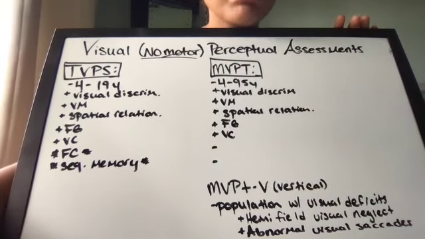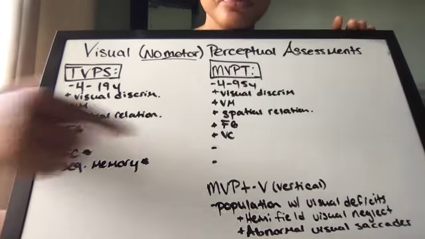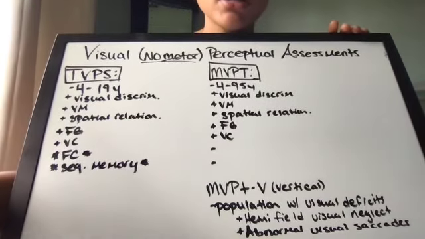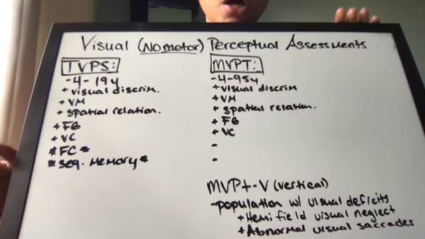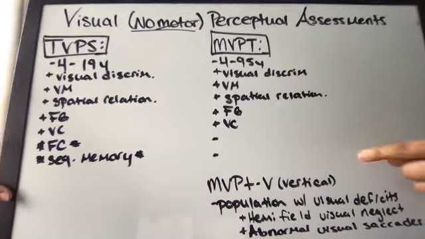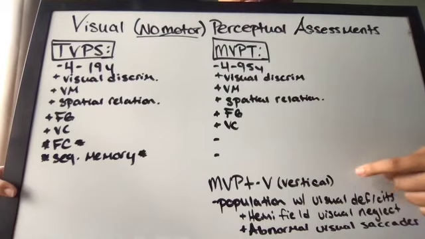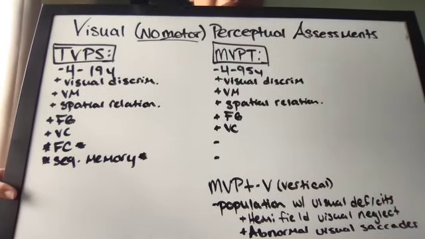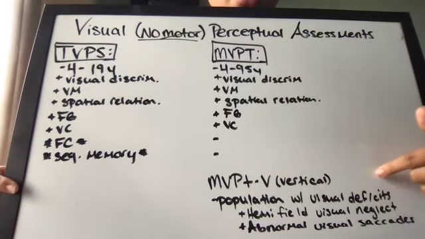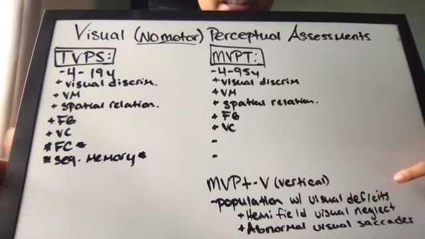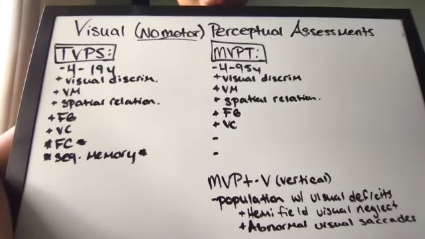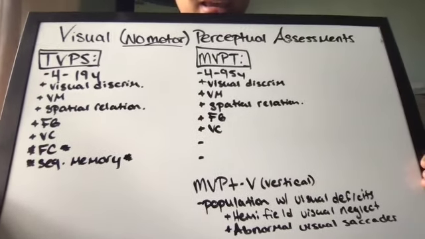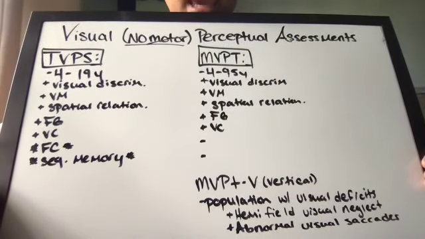The tests look pretty much the same between the two of them. It's all done in the same kind of way. Something to notice though about the MVPT is there's an MVPT-V, which stands for vertical, and this is actually used on populations with visual deficits, such as hemifield visual neglect and abnormal visual saccades.